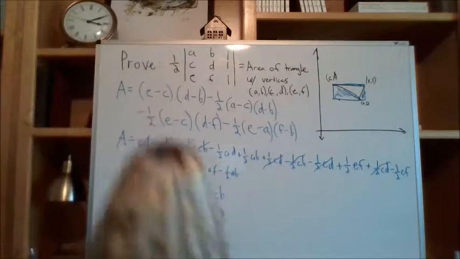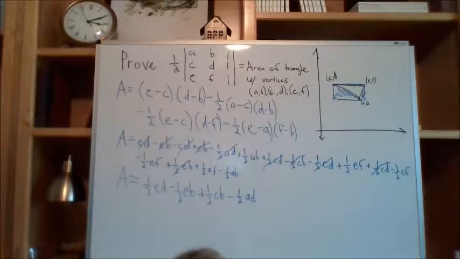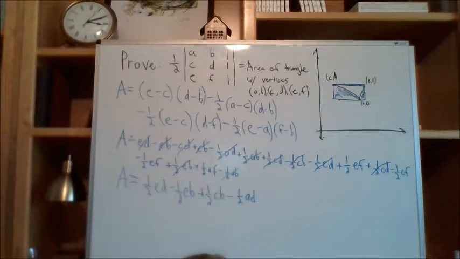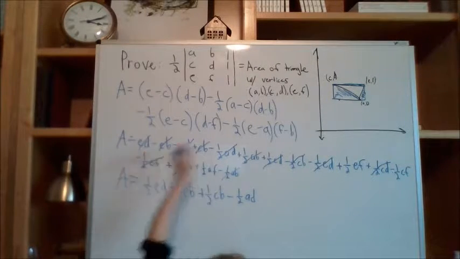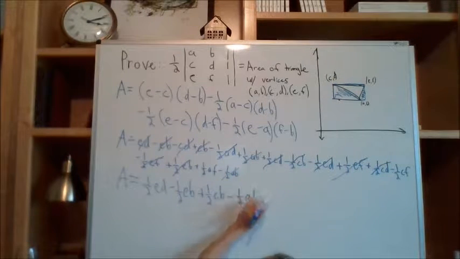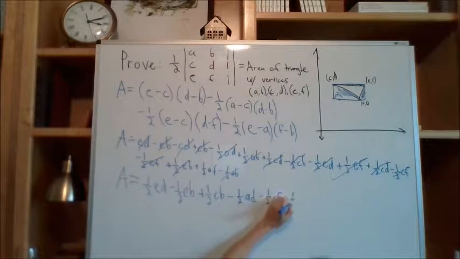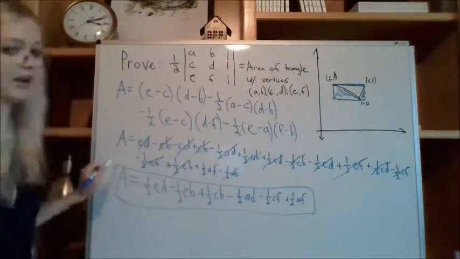Got nothing else, so minus 1/2 AD. And then we have AB, which is plus 1/2 AB minus 1/2 AB, which is just 0, plus 1/2 EF minus 1/2 EF, so that one's gone too. Minus 1/2 CF, and then plus 1/2 AF. So this is what we've come up with for a simplified area.